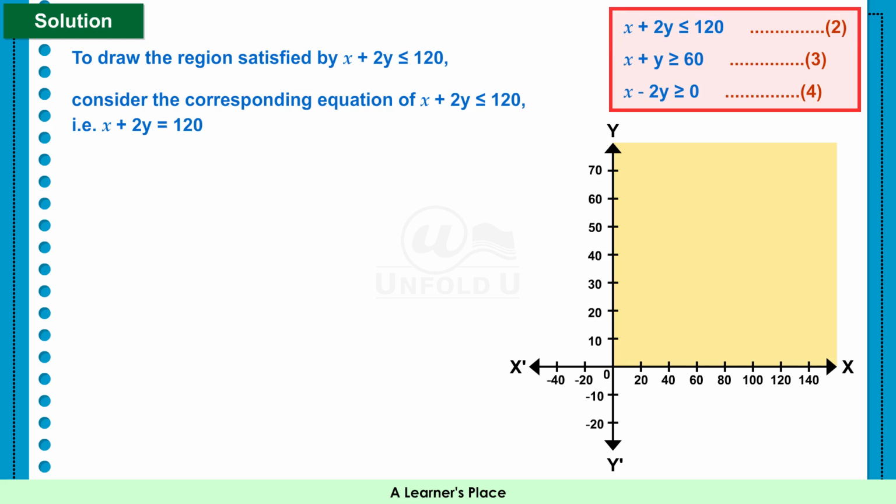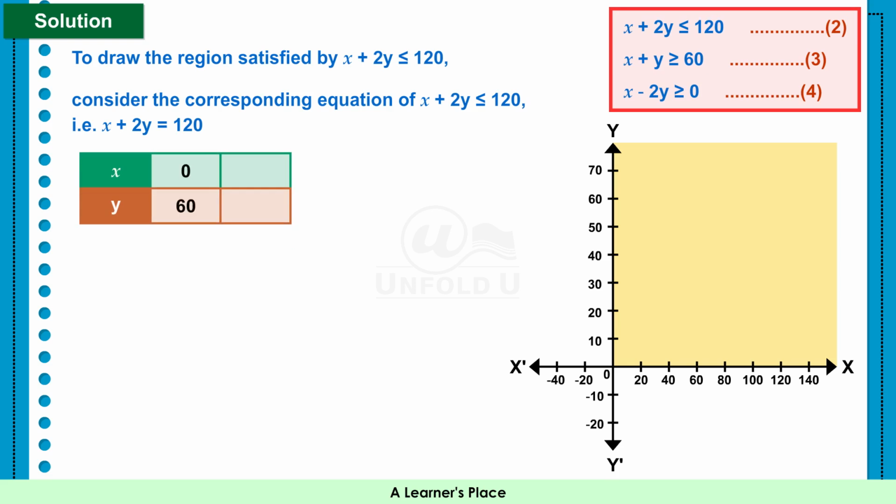The solution set for this equation is given as follows. When x is equal to 0, then y is equal to 60. And when y is equal to 0, then x is equal to 120. Plot these points on the Cartesian plane and join them with a straight line.